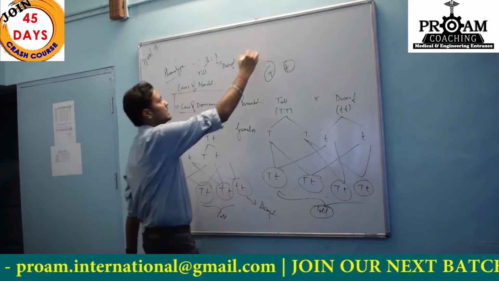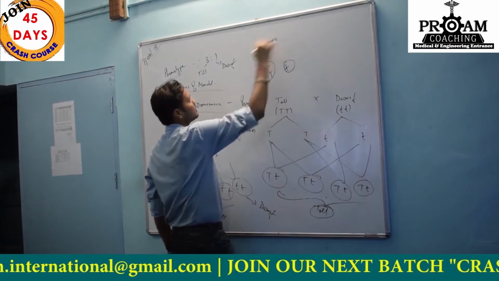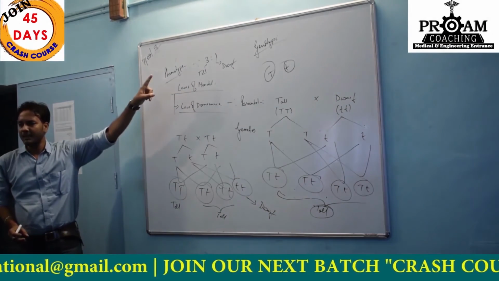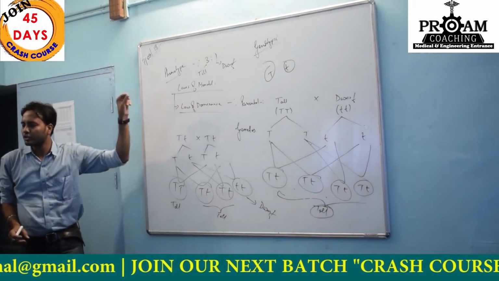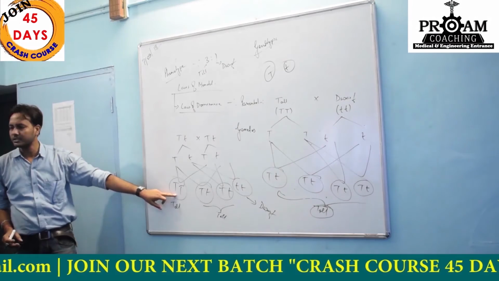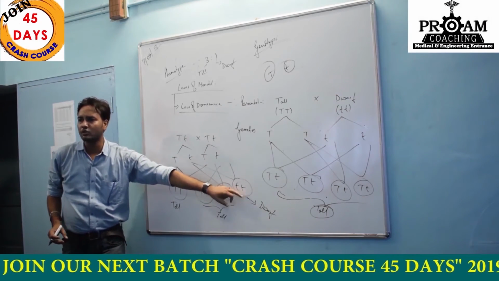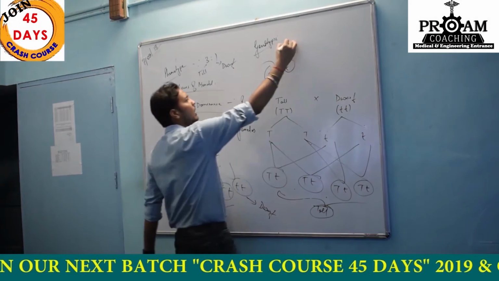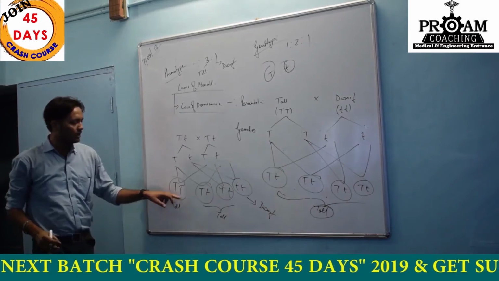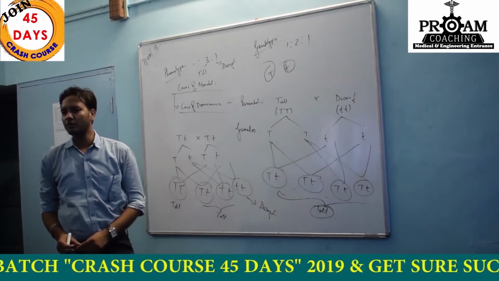But the genotypic feature is, first of all, look at the meaning of genotype. Genotype means the constituent of gene or the character of gene. So look at here, this is homozygous. These two are heterozygous and one is homozygous. So the ratio becomes 1:2:1: 1 homozygous tall, 2 heterozygous tall, and 1 homozygous dwarf.